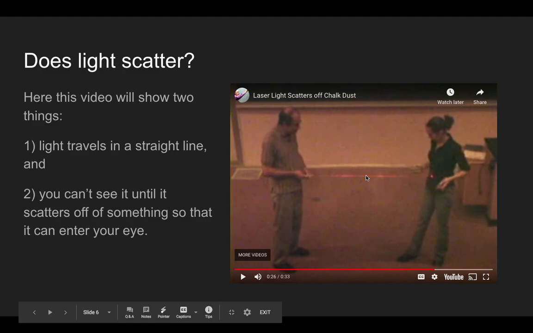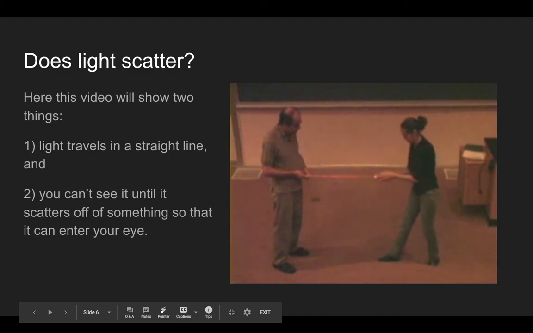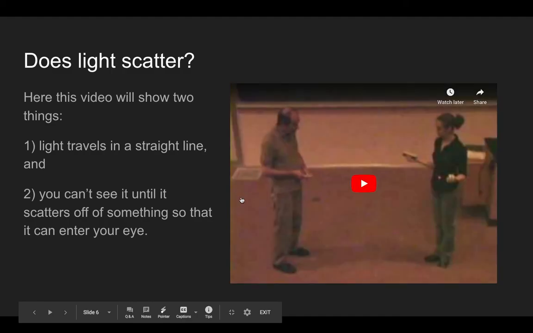They're being scattered in every direction, so now you can see that laser beam. Also notice that the laser beam is in a beautiful straight line. See the beam. Great.